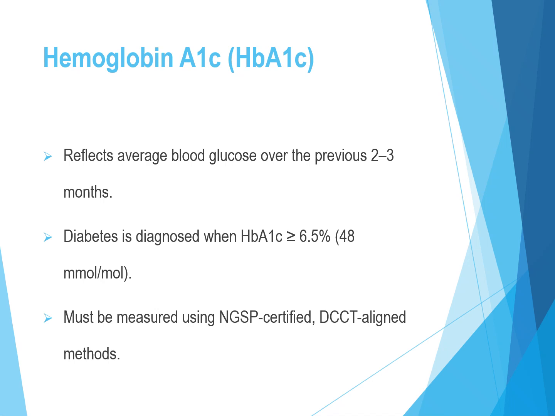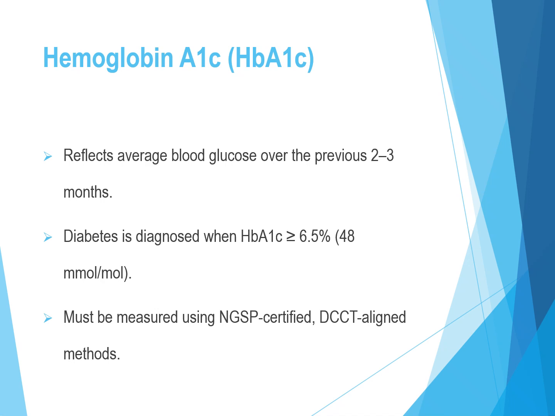Another important point is that HbA1c can also monitor long-term treatment response, guiding clinicians in adjusting therapy or reinforcing lifestyle interventions. From a laboratory standpoint, quality control, method standardization, and awareness of interfering factors are critical. Without these, results may mislead the clinician and compromise patient care.